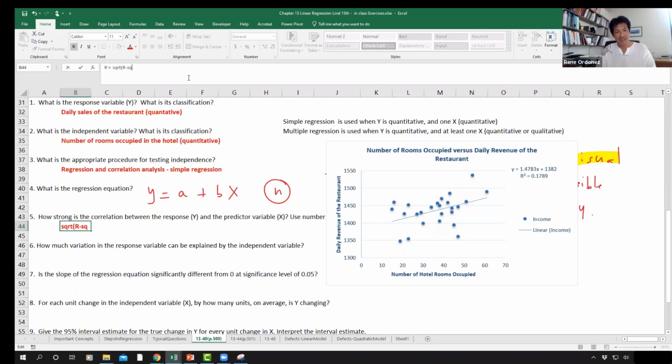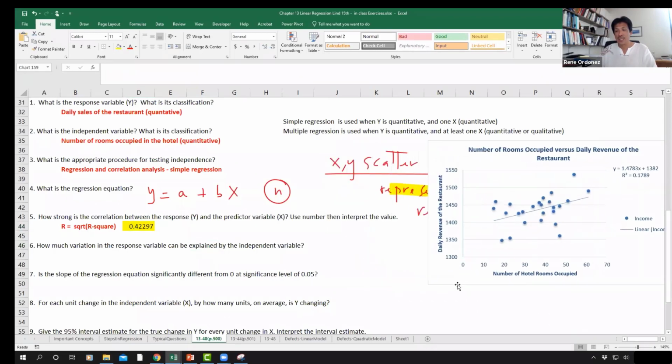So I'm just typing this out, which is equal to, we're now going to compute the R as the square root of 0.1789, and there you go. Okay, so we have just computed the correlation coefficient as 0.42297.